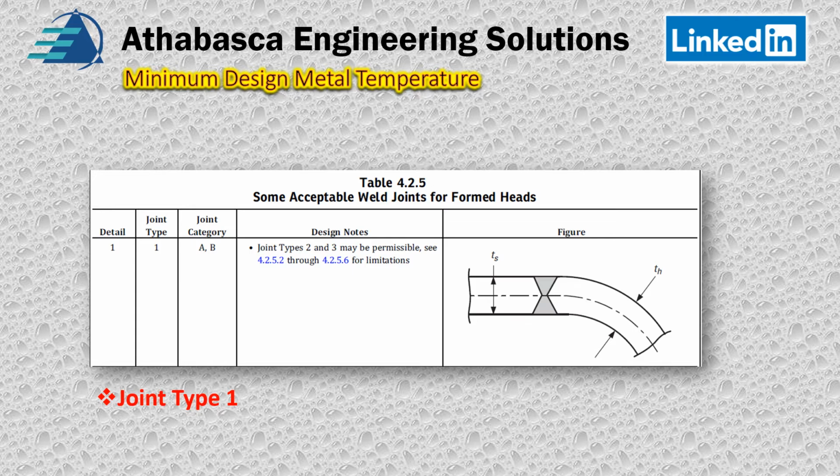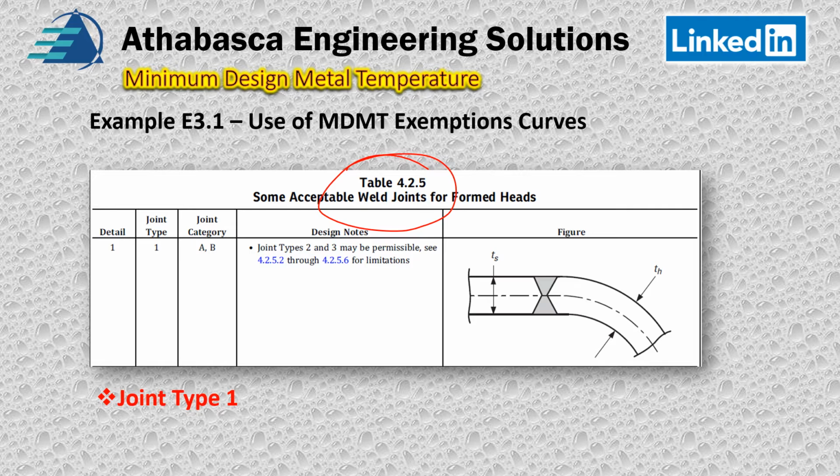There are a number of tables in Section 8 Division 2, and the type of detail we've identified is detail 1, the type 1 joint. On this side is the shell, on this side is the head. We've identified that as a Category A connection, and then we follow these design rules.